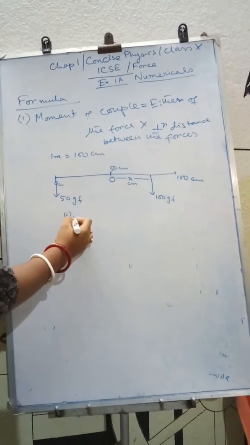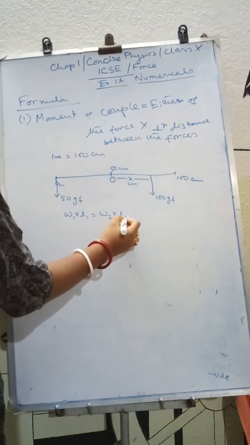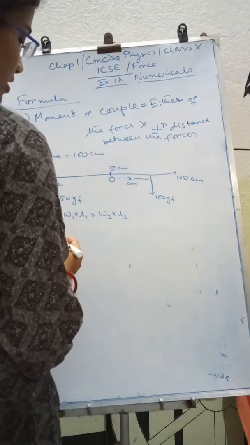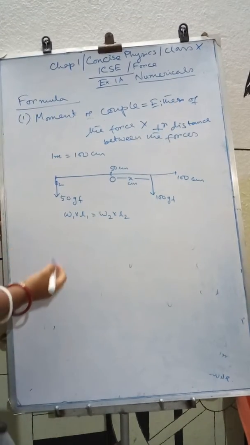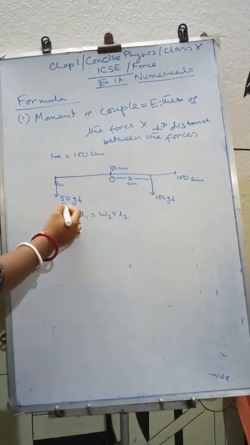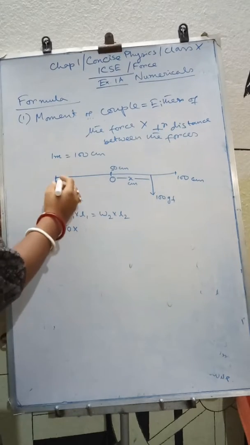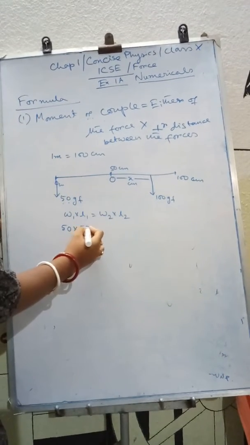So as per the formula, W1 into L1 equals W2 into L2, that is clockwise moment equals anti-clockwise moment. We have to solve this problem. Here W1 is 50 and L1 is also 50.